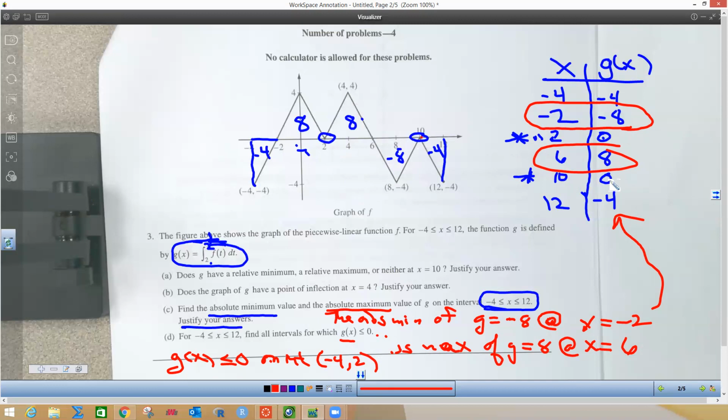So it's back to 0 at 10. And then it's going to be 0 from there to there, which is 10 to 12. And so we would also say 10 to 12. Now you could put brackets on these and include the endpoints, but you do not have to. So that's that entire problem. If you have questions, please let me know, and I will see all of you next time.